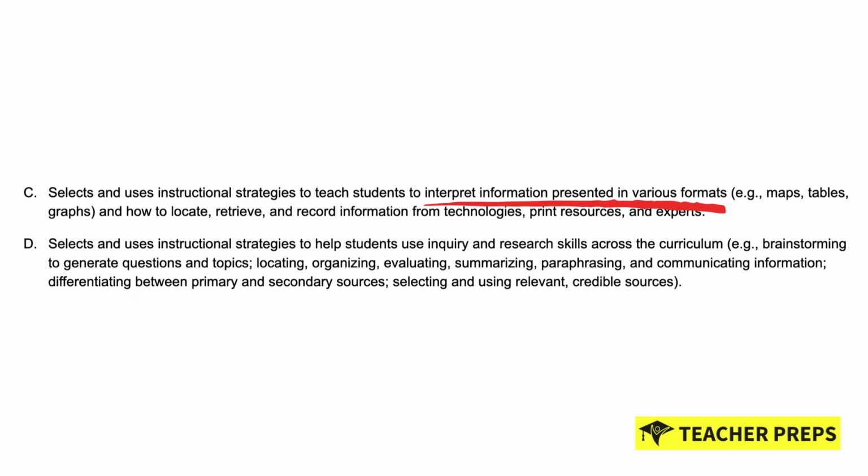Whereas in this lesson marked D on the screenshot, our focus is to help students use the research skills that were introduced in the last lesson, plus introduce more, such as examples provided. All right, if you're ready, let's jump straight into this lesson and get you totally prepped for test day.